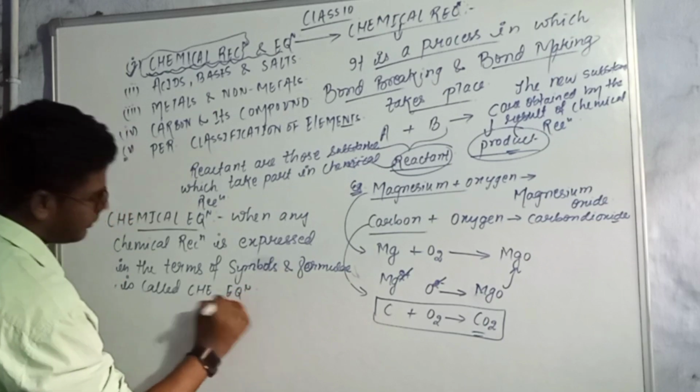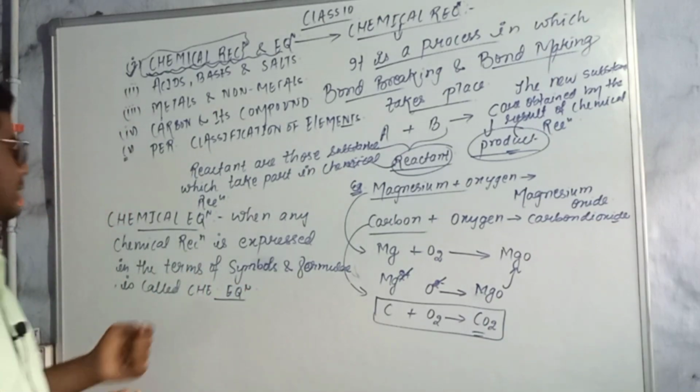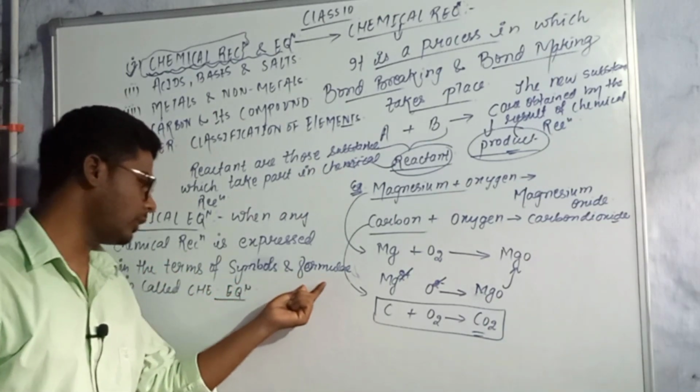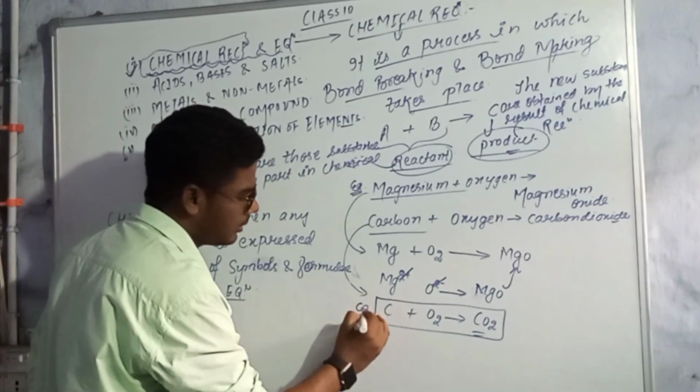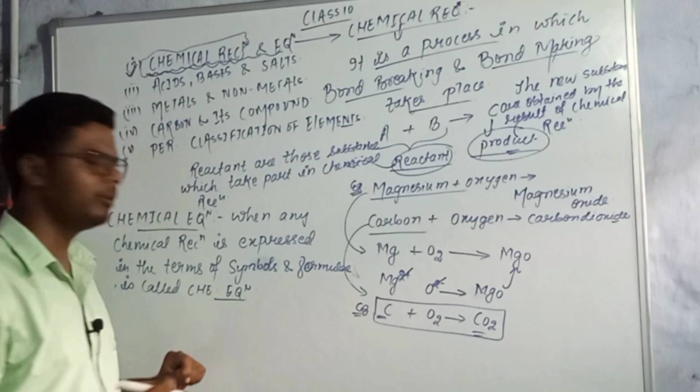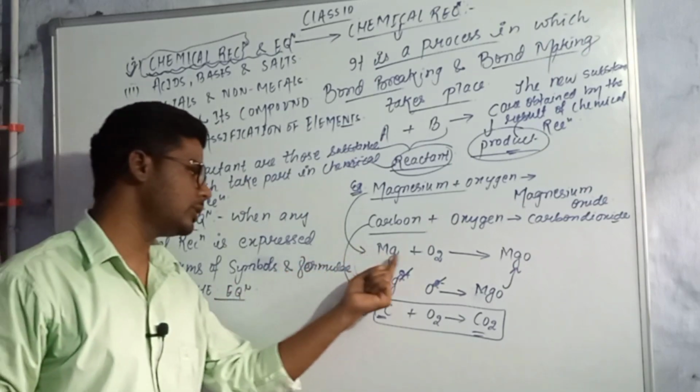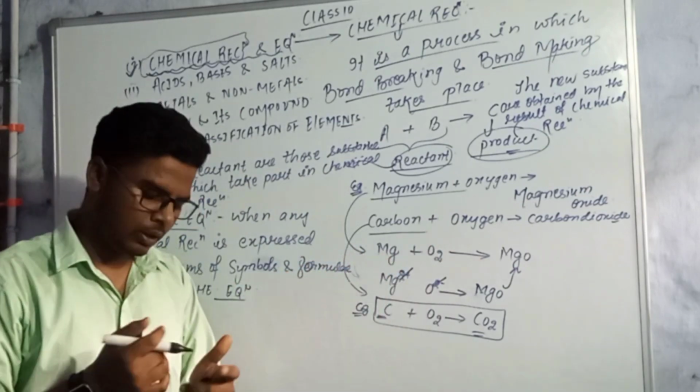Examples: C plus O2 equals CO2, Mg plus O2 equals MgO.